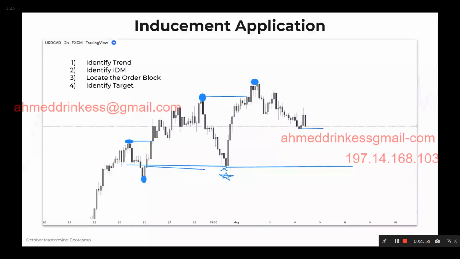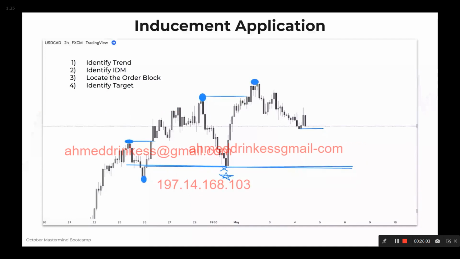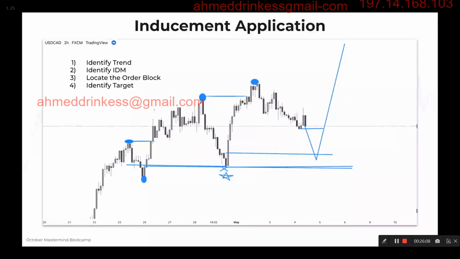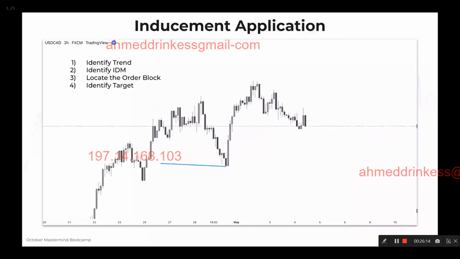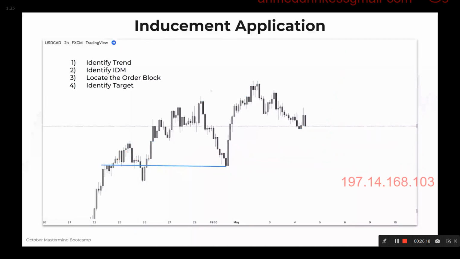If it did mitigate this, then you would potentially follow order flow to then go higher. So that should definitely make some sense. However, in this scenario, it's clear that this did not mitigate the order block to the left. I promise you it did not.